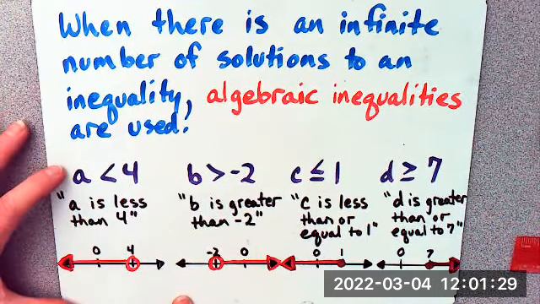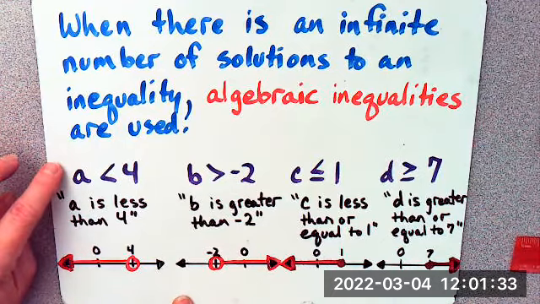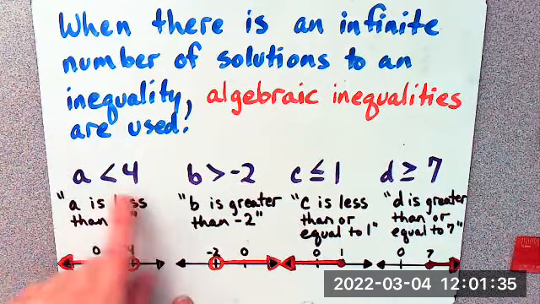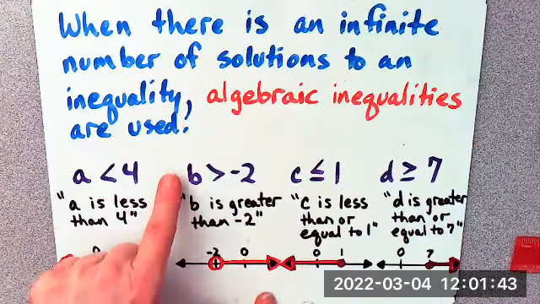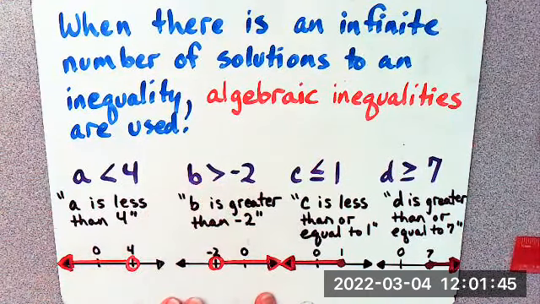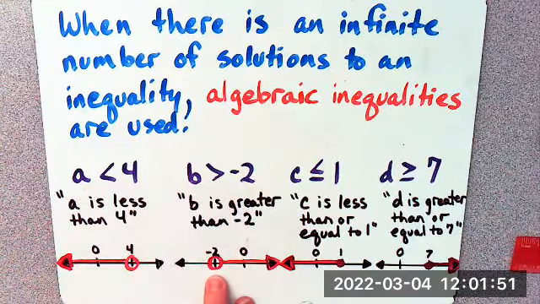Also, if we put the variable on the left side, then the inequality points the direction that we need to graph. Isn't that interesting? Okay, so if I have b is greater than -2, there's no equal sign under this, so I'm going to have an open point because it can't equal -2, but it can get very close to -2.